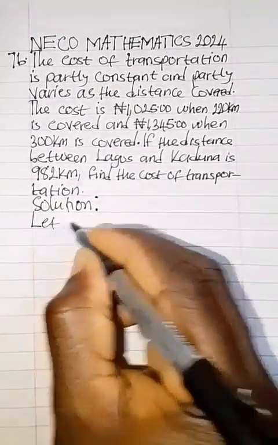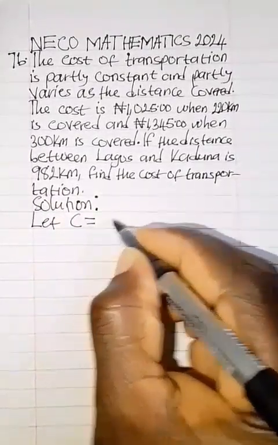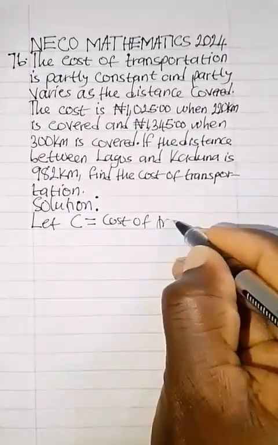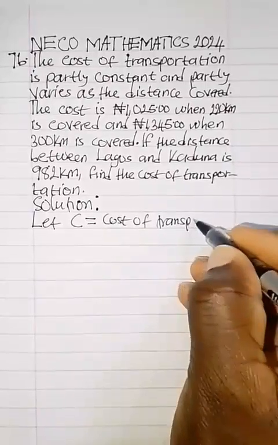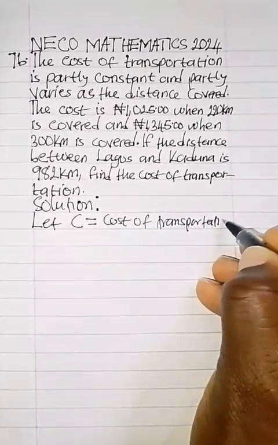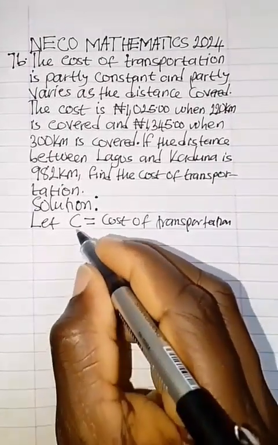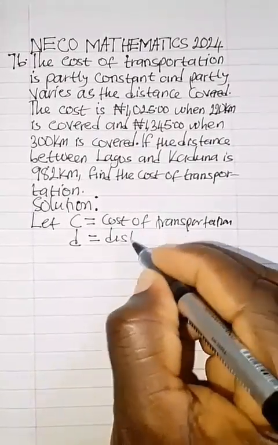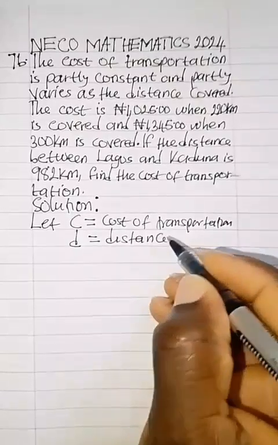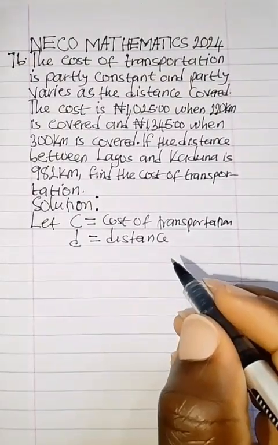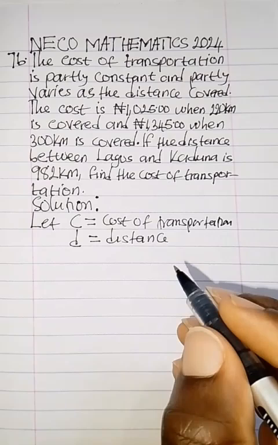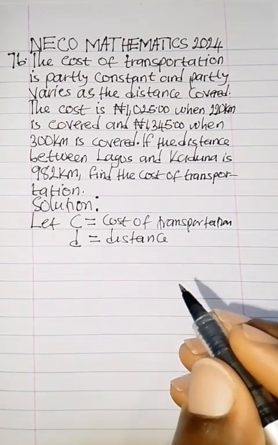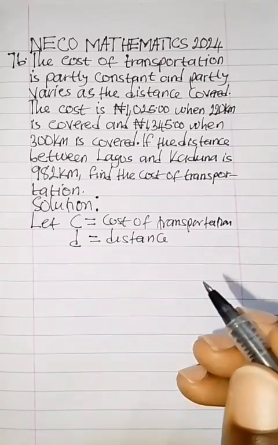So let C equal the cost of transportation, and D equal the distance. In partial variation, two constants of variation are introduced.